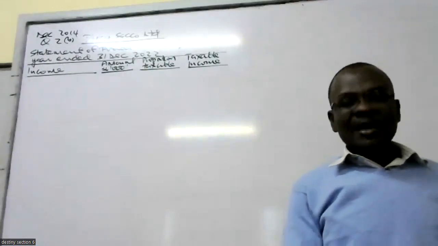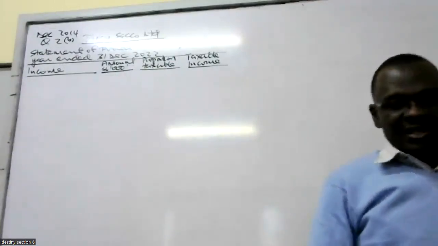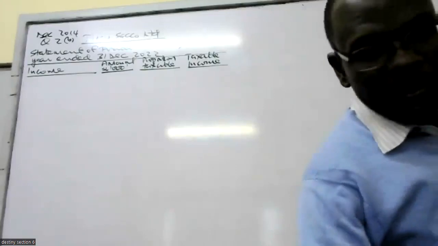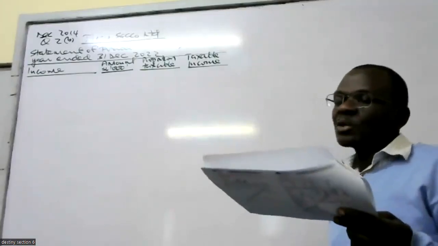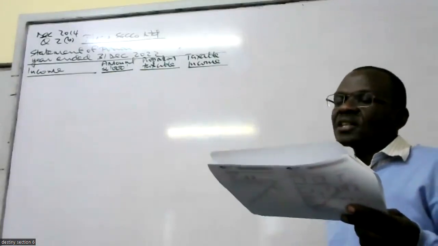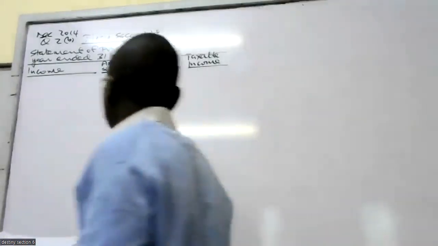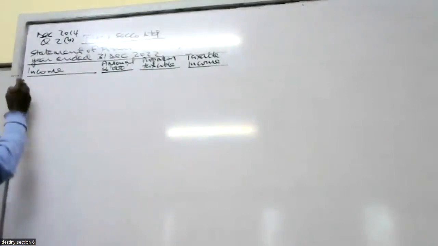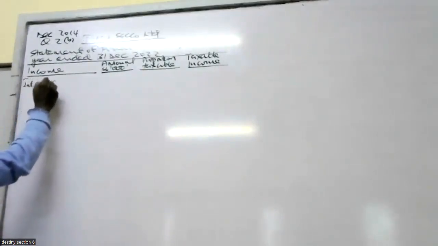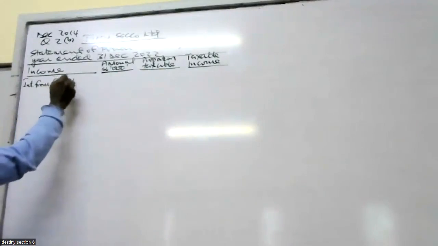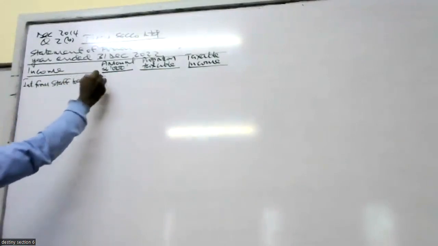Then interest on staff loans. Please notice, staff is different from members. These are employees. So this is actually income. Interest from staff loans is 184.